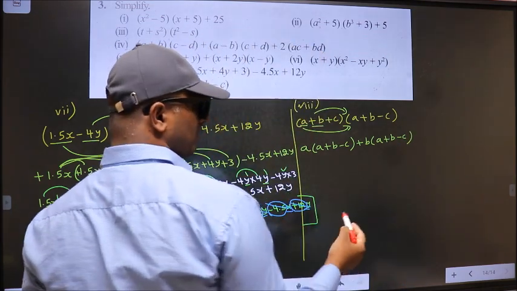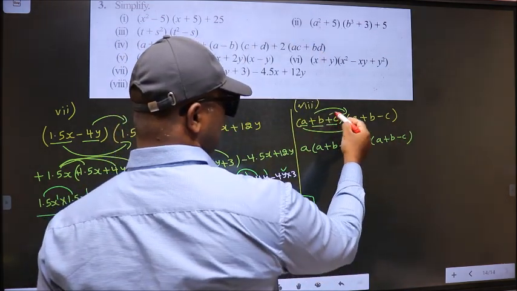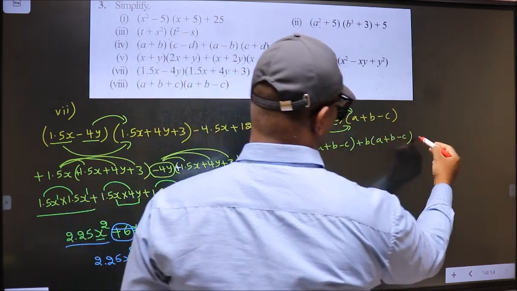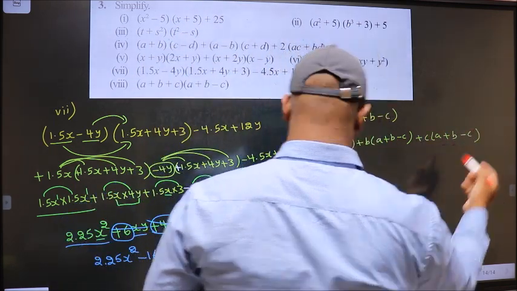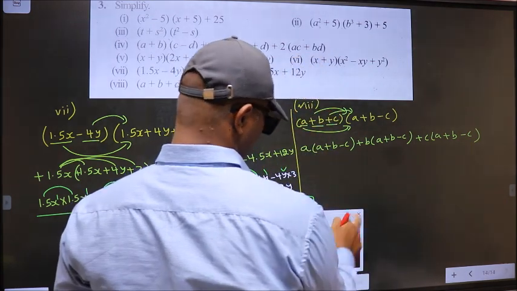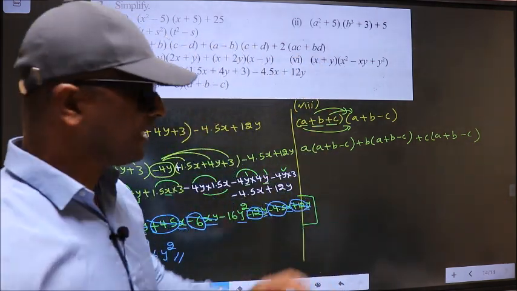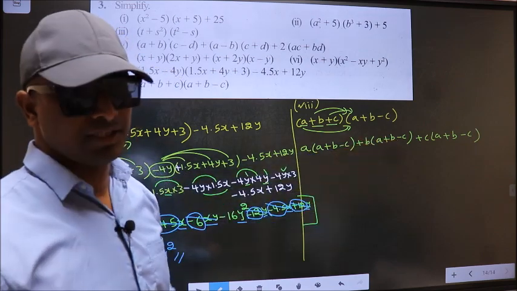In the same way with plus C, we should multiply this entire bracket. Okay, understood with this step?